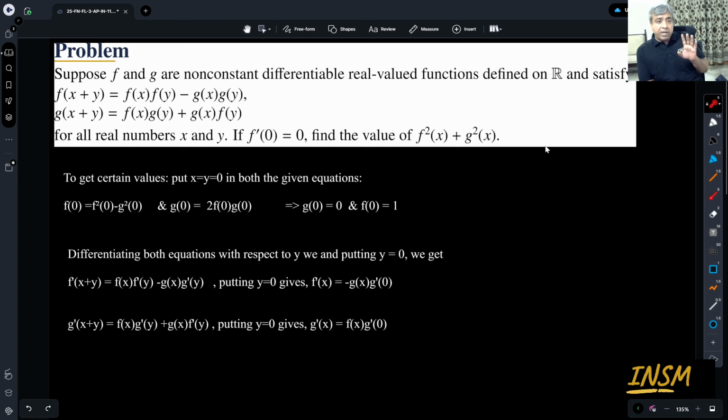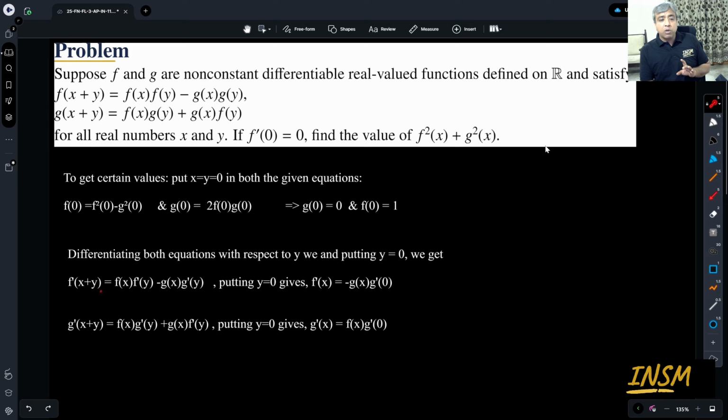We do partial differentiation. We differentiate the first equation with respect to y, which gives us f dash x plus y equal to f x f dash y minus g x g dash y, because we are treating x as constant and partially differentiating with respect to y. Now we put y equal to 0.